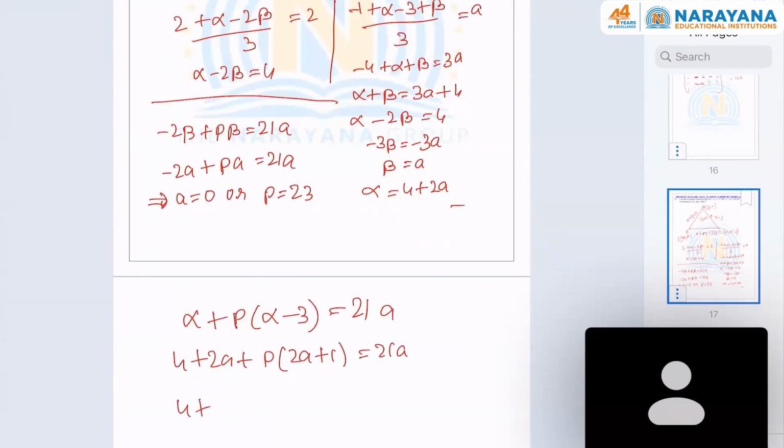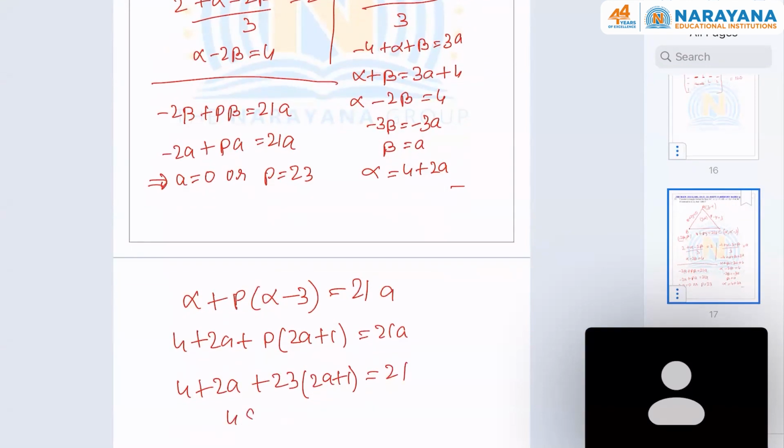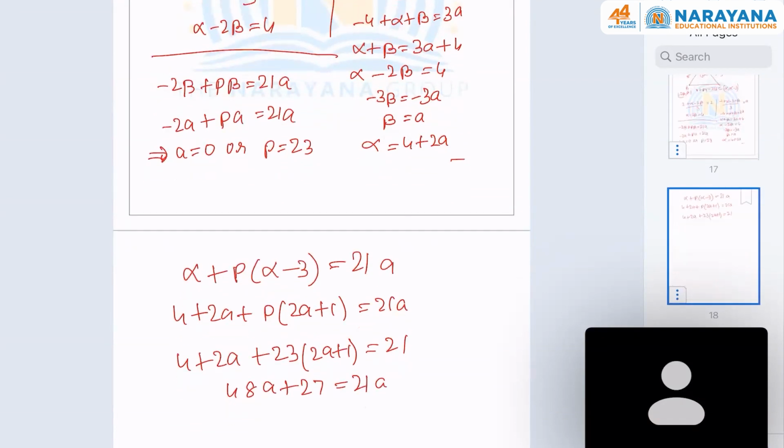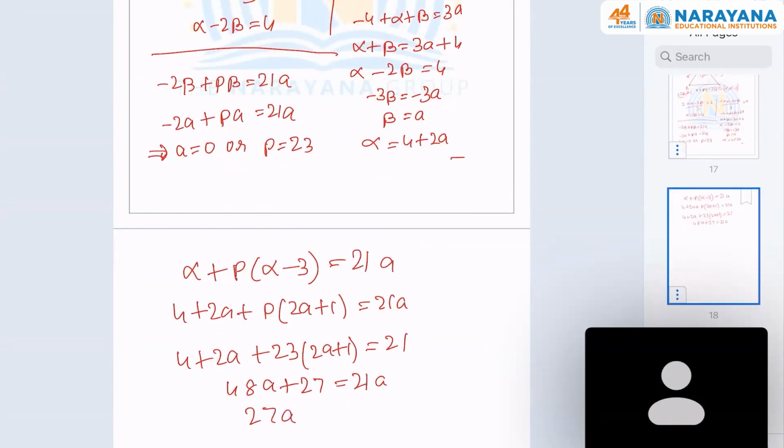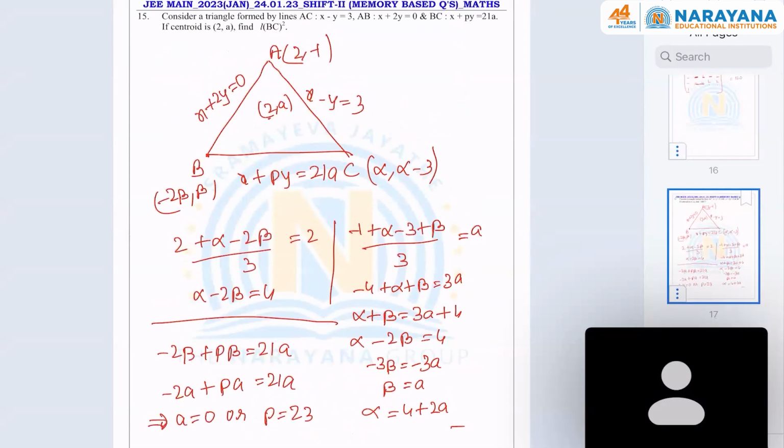So 4 plus 2a plus, suppose p is equal to 23. I'm taking 23 into 2a plus 1 is equal to 21a. So 48a plus 27 is equal to 21a. So 27a is equal to minus 27. So we are getting the value as a is minus 1. But a cannot be equal to minus 1.